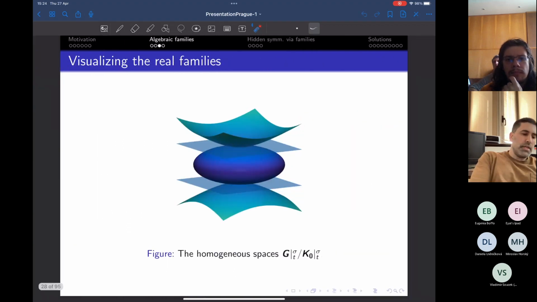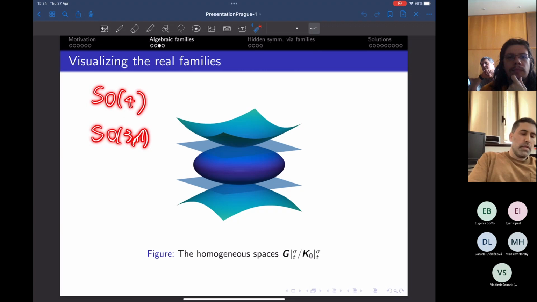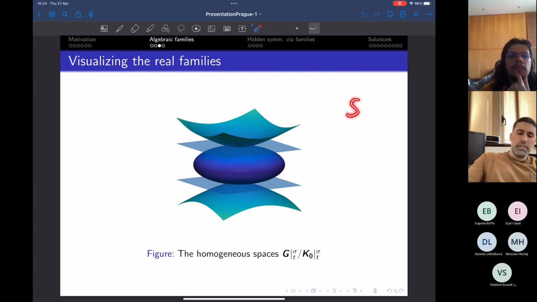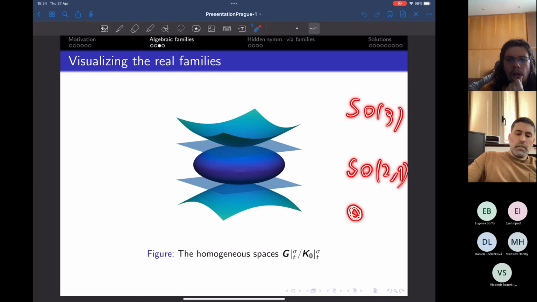Very well. Let me just say that the game that we just played for SO4 and SO31 can be played for SO(n+1) and SO(n,1). If you consider the case of SO3 and SO21, then we can give meaning to this deformation parameter, its real version.